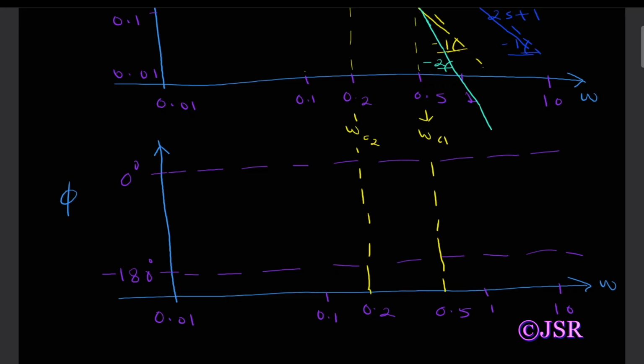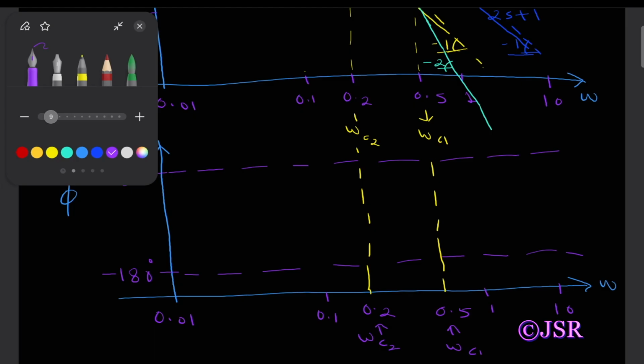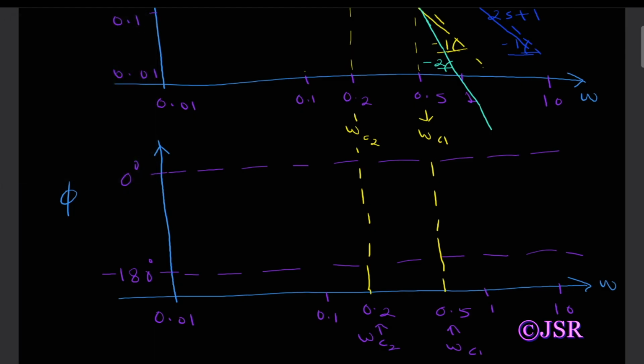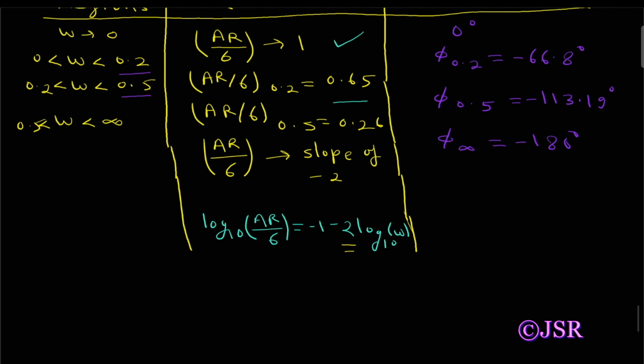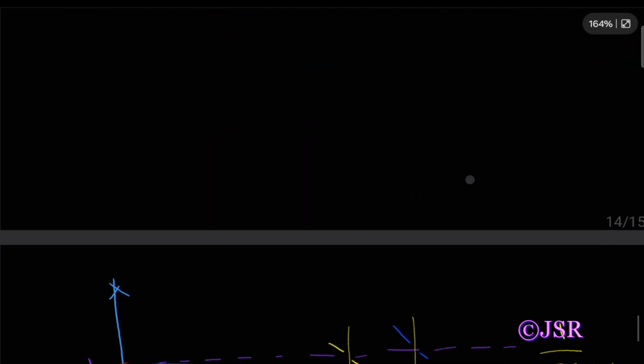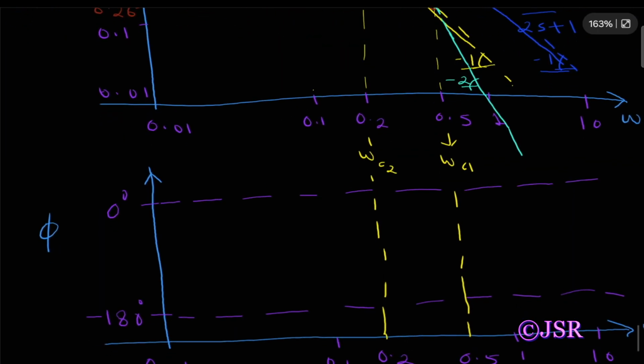So when omega is equal to omega c2, that is 0.2, the value of phi is -66.8 degree.